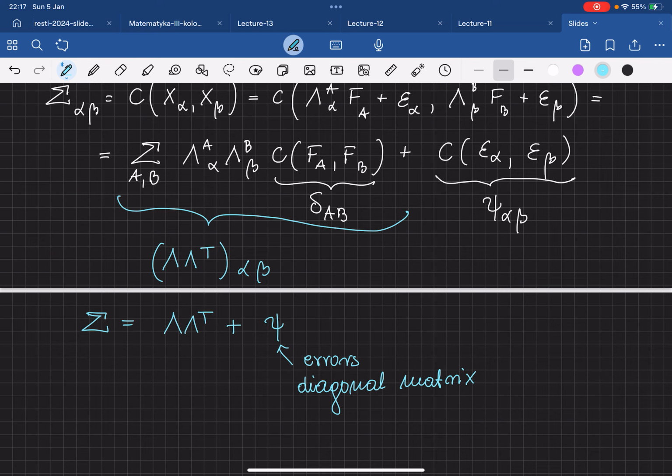And this is another way of measuring how well our model performs, because in true situation, in estimation, usually this matrix of errors is not diagonal. However, we wanted to have off diagonal elements very small, because then it means that our model performs well.